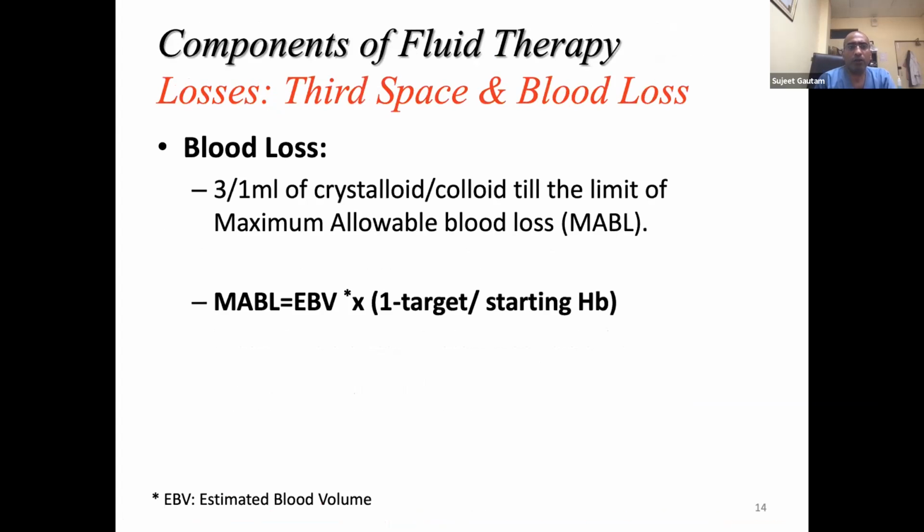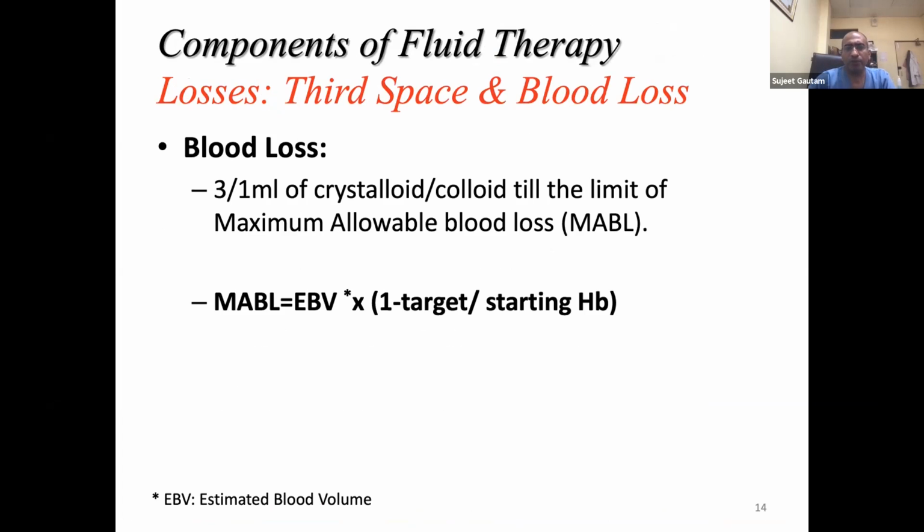Now coming on to the blood loss. Blood loss should be replaced till a maximum allowable blood loss limit by either crystalloid or colloid, crystalloid in a ratio of 3 is to 1 and colloid in a ratio of 1 is to 1. This is the formula by which we calculate MABL for individual patients.